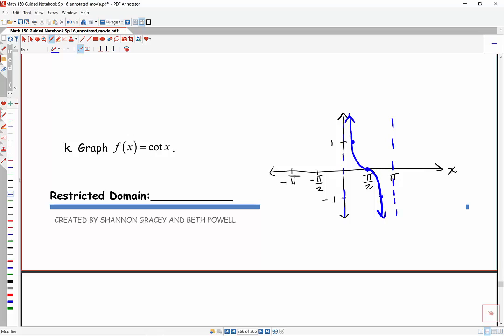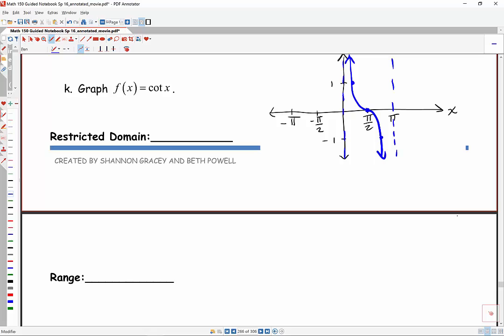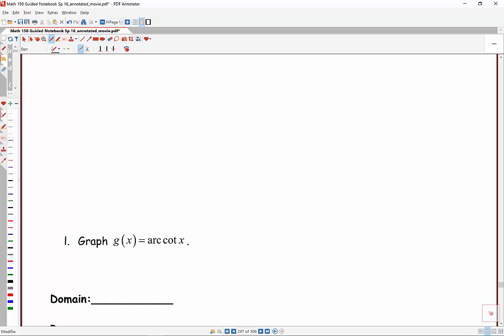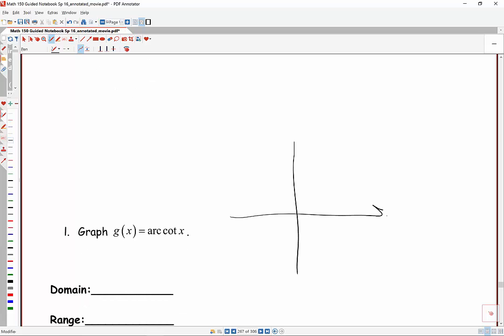And so the restricted domain, you can see, will be from 0 to pi non-inclusive. And the range will be negative infinity to infinity, non-inclusive. All right, so our arc cotangent graph will be x, g at x.